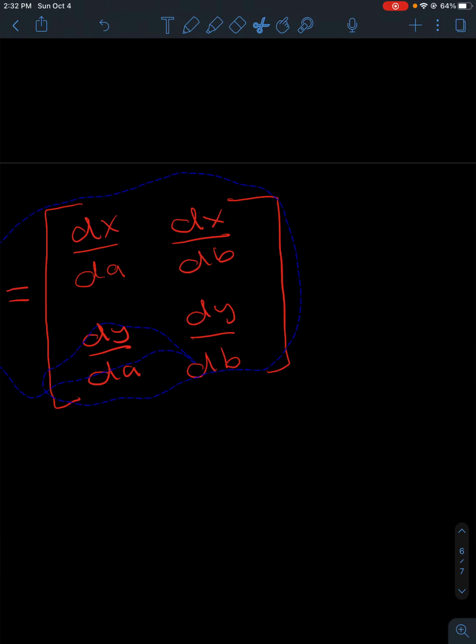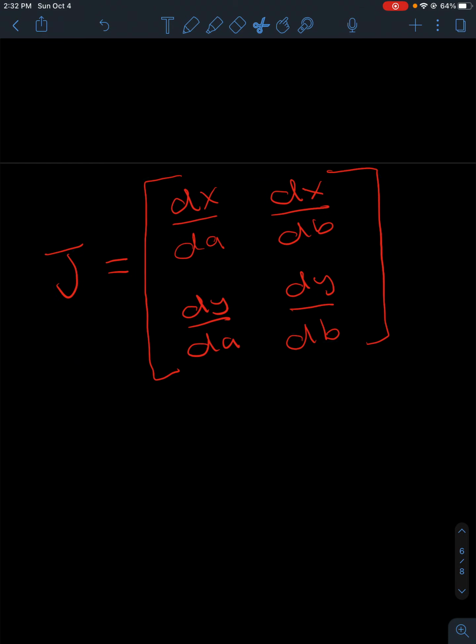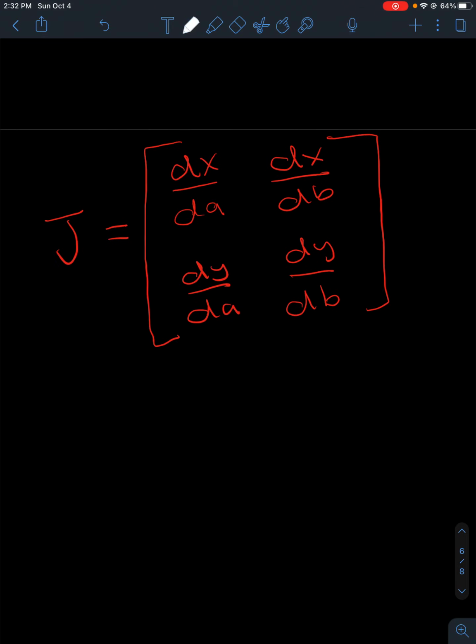For the inverse of a matrix, the ij component of the Jacobian multiplied by the ij component of the inverse Jacobian should give us the identity matrix.